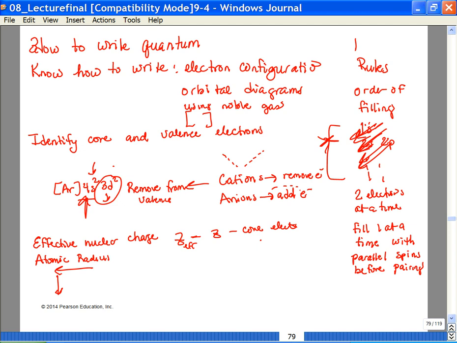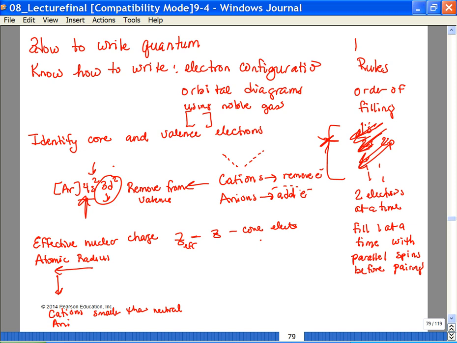Remember, for atomic radius, we were able to compare cations and anions. So the atomic radius for both the neutral atom as well as the cation and the anion go in this general trend. But remember, for cations, they're smaller than their neutral atom, because you remove electrons, you remove the electron cloud.